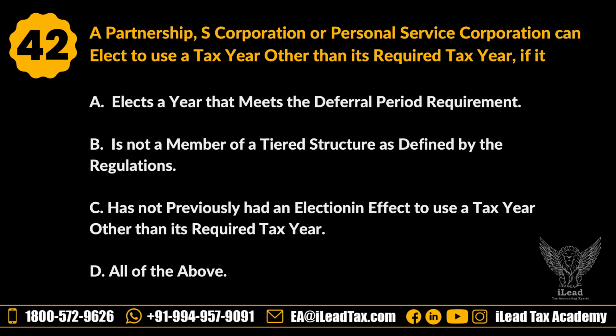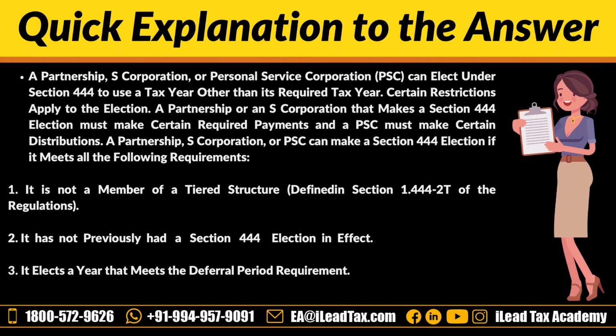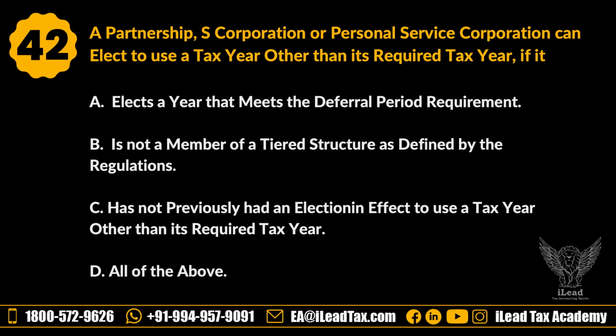Let's see the answer. The answer is all of the above. So let's see why it is all of the above. So A, B, C. Option A refers to the requirement that the requested tax year must result in a deferral of income to the partner, shareholder, or owner. So the entity can elect a tax year other than its required tax year if it meets this deferral period requirement.